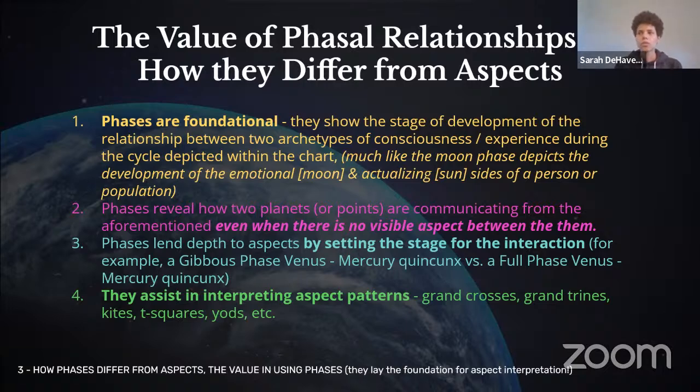Like I was saying, in addition to reading two planets and interpreting or synthesizing them from a perspective of modality or polarity or element or sign or even house placement, the phases can lend even more insight into the dynamic of the relationship based on the degree of distance between the two of them. Some astrologers will say if it's not one of such and such aspects, then there's no aspect.